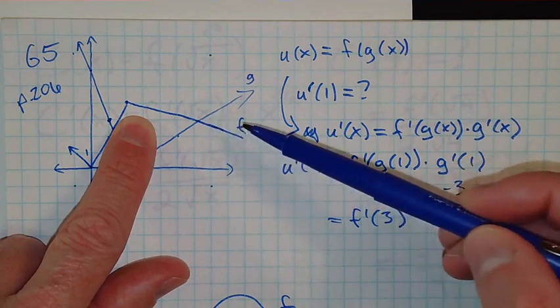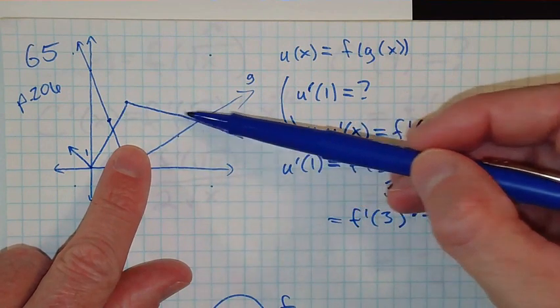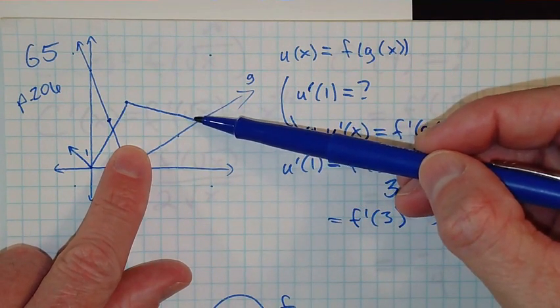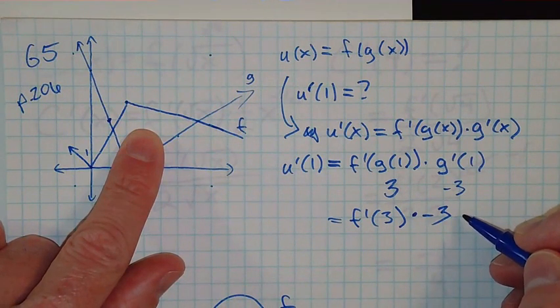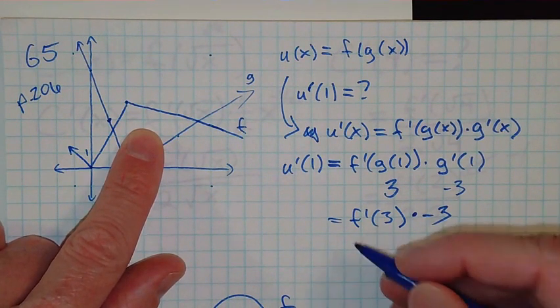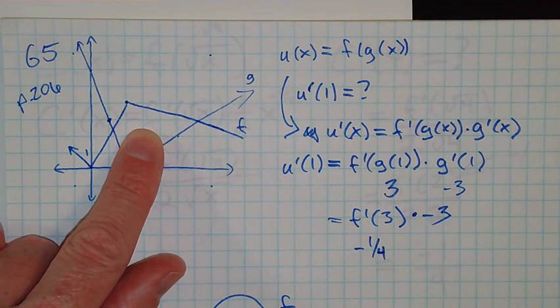And I tried to draw this fairly accurately for what was in the book. It looked like it was going down 1 and over 4 before it crossed a grid line. So I'm going to say that my slope of a tangent at x equals 3 looks like it's about -1/4 to me. It didn't look precise to me, but that's the idea.